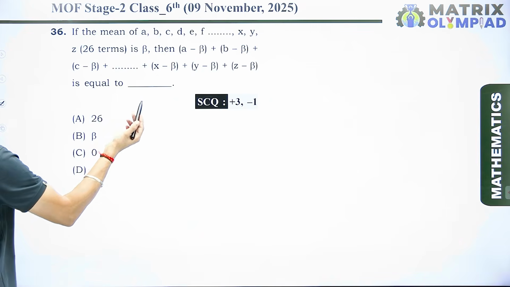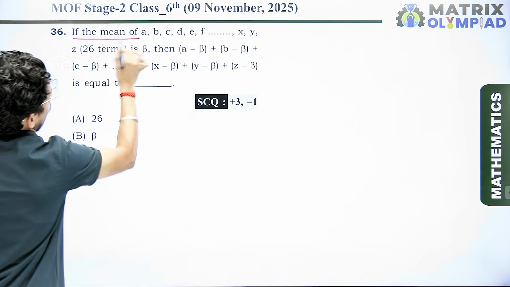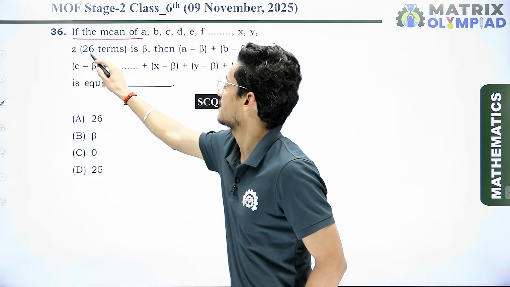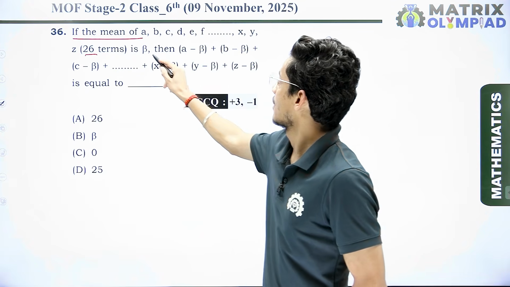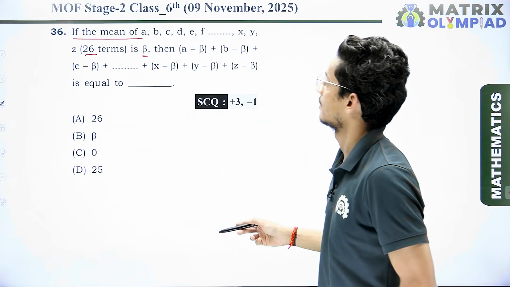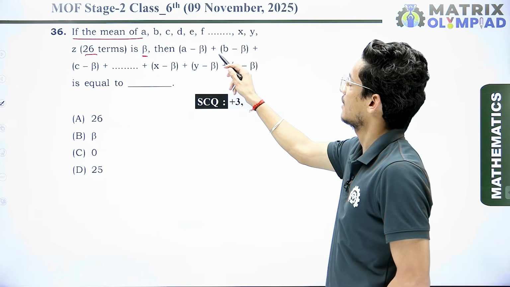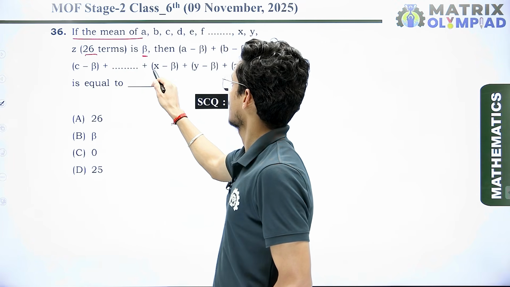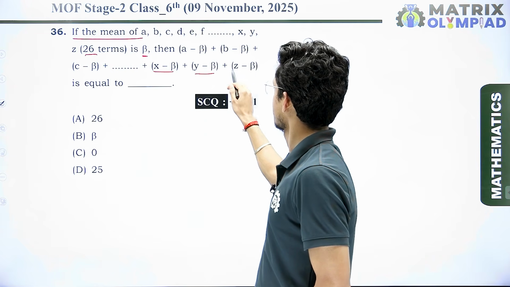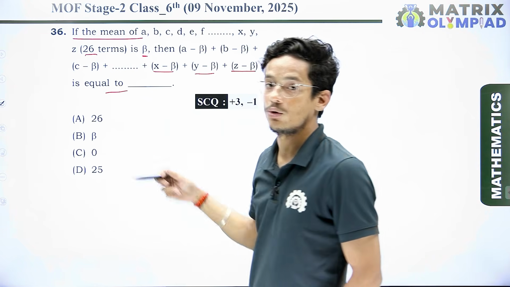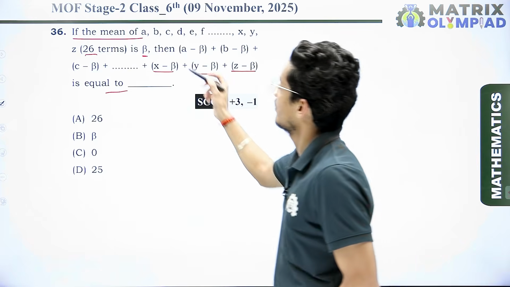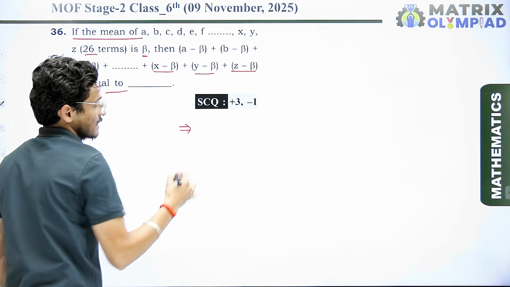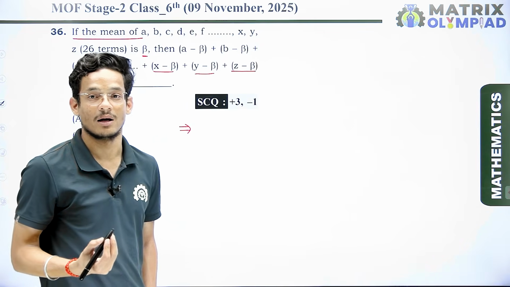So if I talk about the next question, that is: if the mean of A, B, C, D, E, F and X, Y, Z, it means here we have 26 terms, each beta, then A minus beta plus B minus beta plus C minus beta plus X minus beta plus Y minus beta plus Z minus beta is equal to what? So we know here we have given the mean. The mean is equal to the sum of all observations divided by the number of observations.